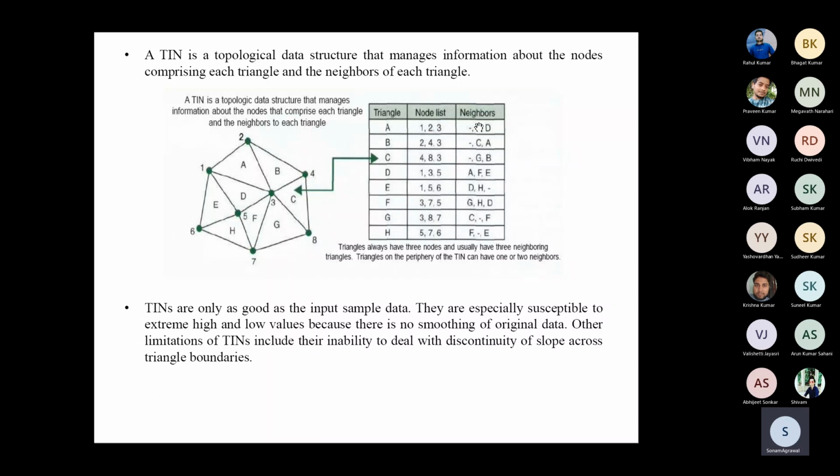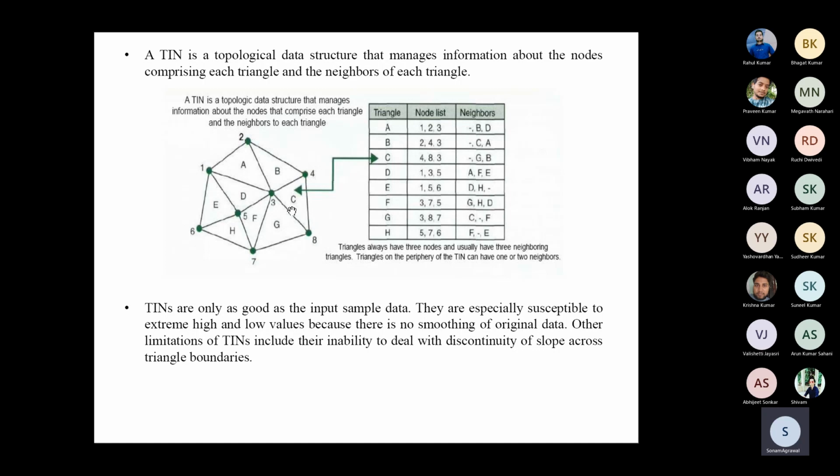See the neighbors. For 1 and 2, there is no neighbor outside, therefore there is a dash. For 2 and 3, it is B. For 3 and 1, it is D. Similarly for B, between 2 and 4 there is nothing outside.